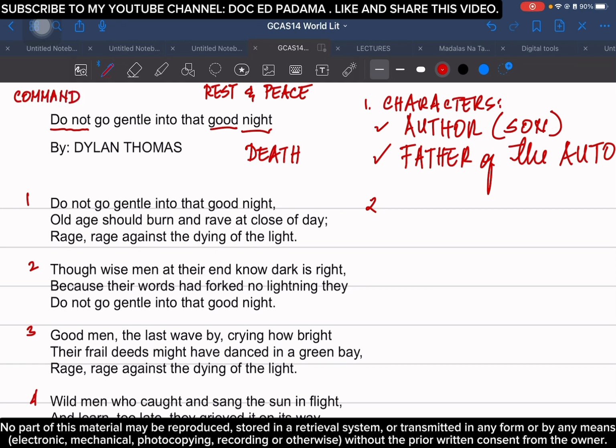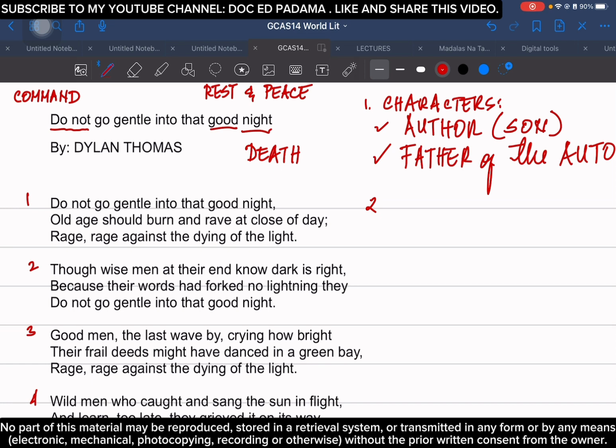So when we use the phrase do not, or the words do and not in a phrase or in a sentence, it usually connotes or directs a command. So if it is a command, there are 2 elements that is needed. Kapag yan ay utos, meron 2 elemento na kailangan present sa isang command. And these are what? The one giving the command, the source of the command, and the one being commanded. Yung inuutusan, yung naguutos at inuutusan.